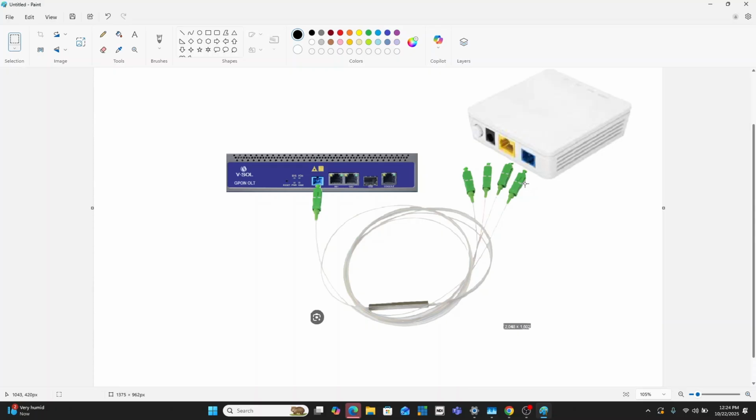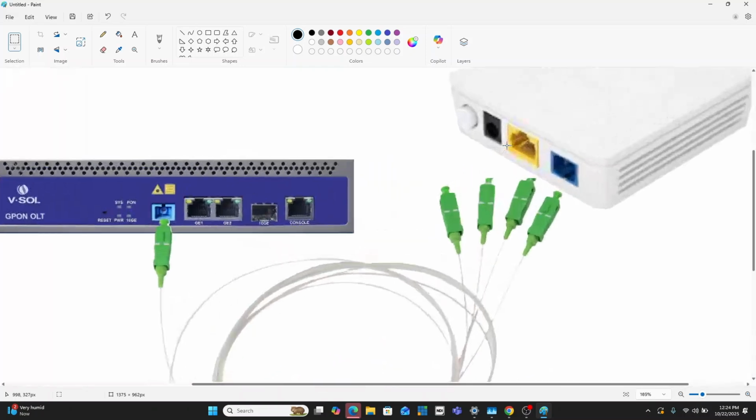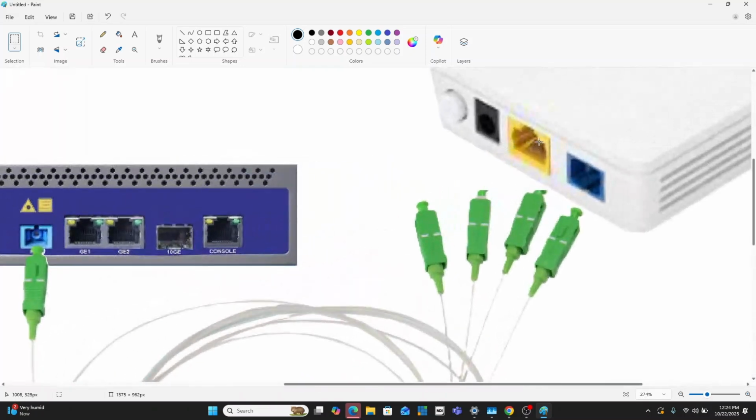So that we can take this part and send to our client and plug to his device, isn't it? Then the client, maybe if the client has a laptop, he can use this port. Now this is an Ethernet port, isn't it? So the client can plug his laptop to this port. This is a place for power, to power the device.